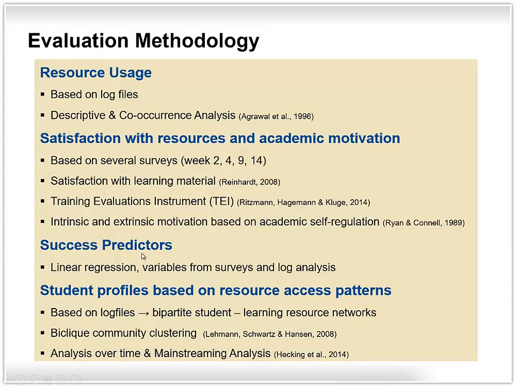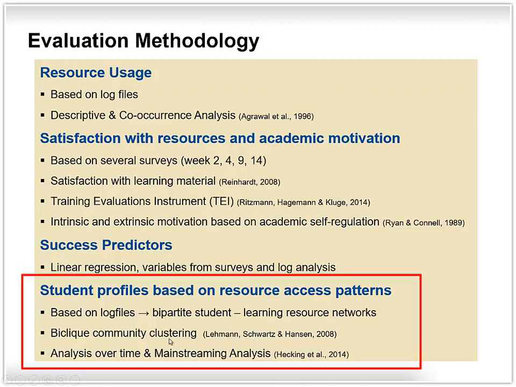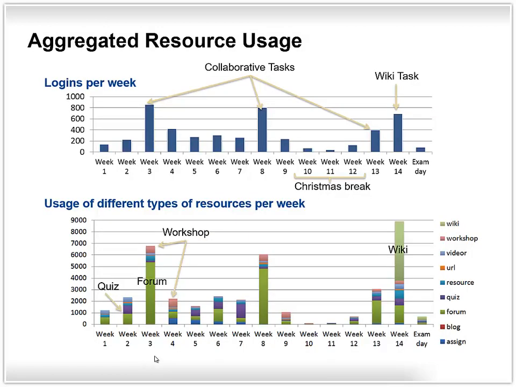We have looked at success predictors, and this was more our part here, based on the network analysis techniques that you have seen before, where we have particularly been looking at the resource access patterns based on the bi-click analysis. And we have introduced a new construct that we call the mainstreaming coefficient, which we use for mainstreaming analysis.